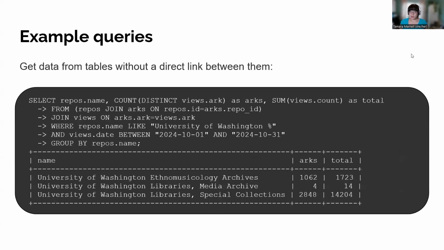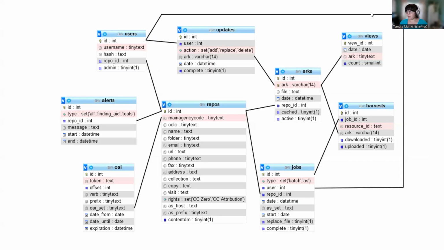Here's a slightly more complex example of getting data from tables that don't have a direct link between them. So if we go back to, we have this views table, which stores information from Google Analytics of how many times certain finding aids were accessed and the dates.